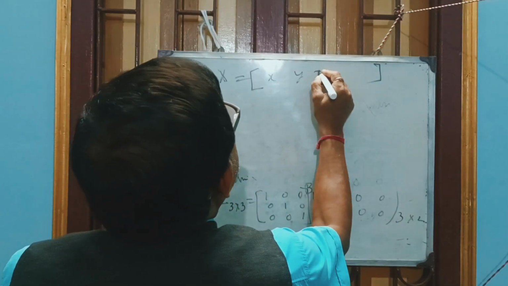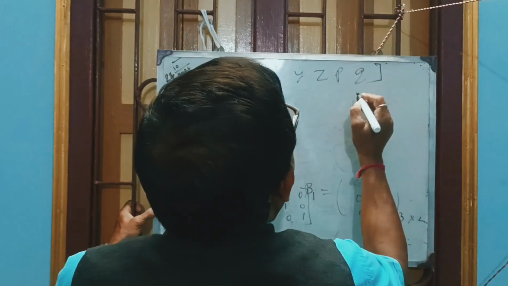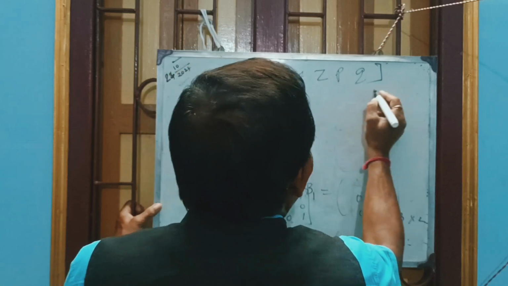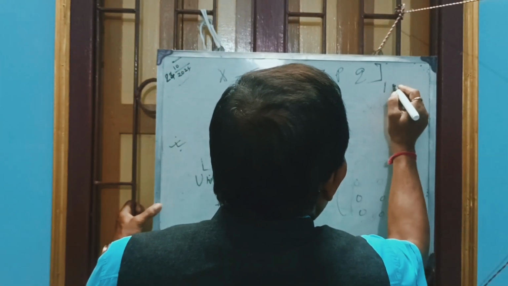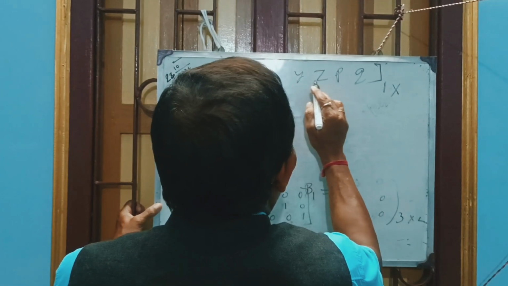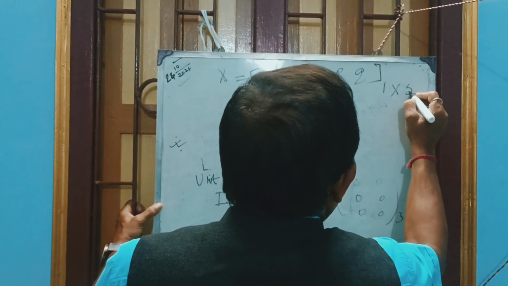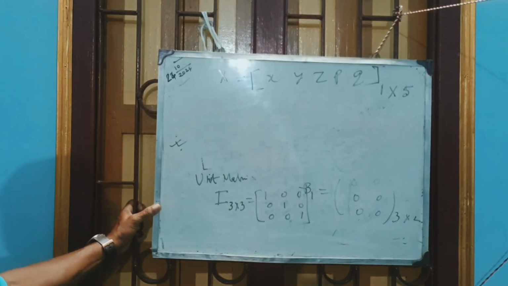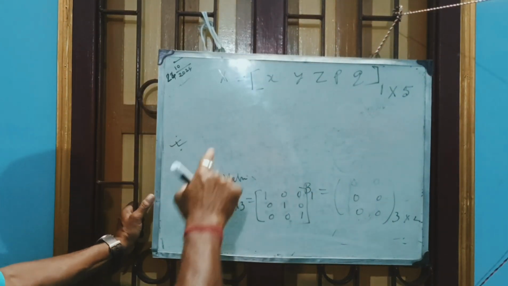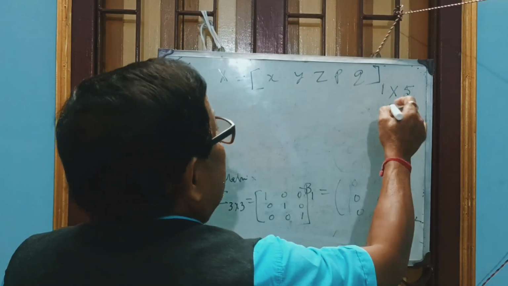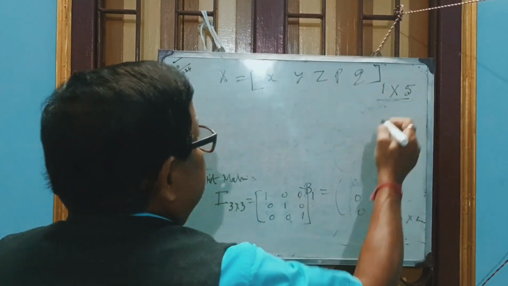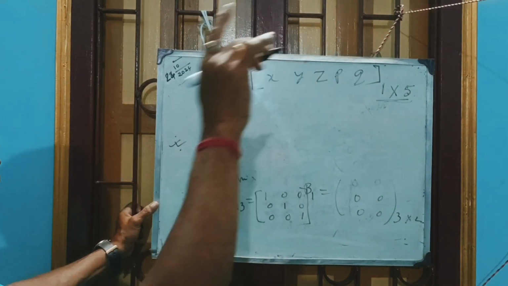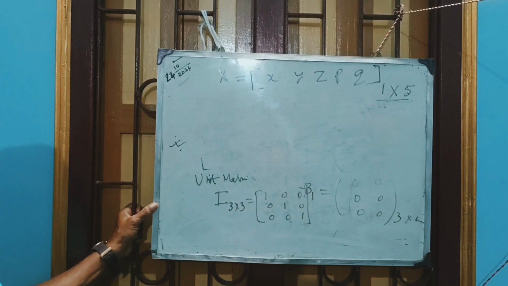A matrix of the form x, y, z, p, q. This is number of rows 1, number of columns 5, so the order is 1 by 5. Elements along the row only, that is called row matrix.